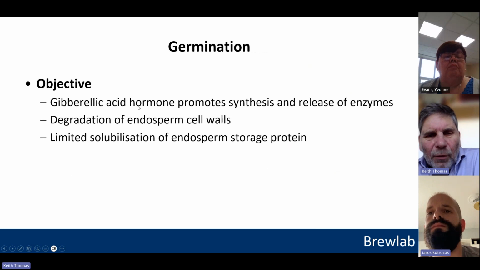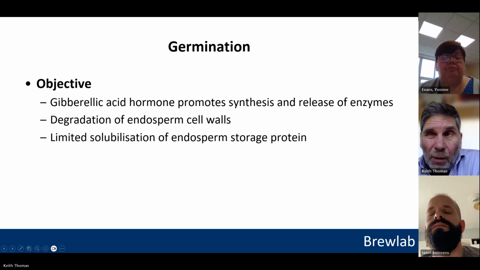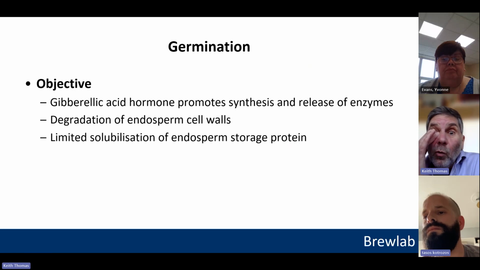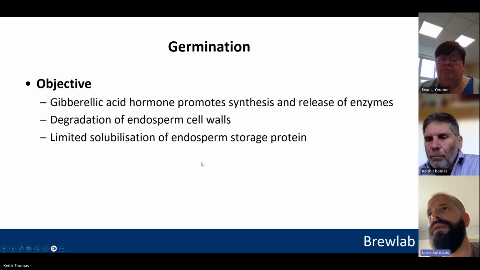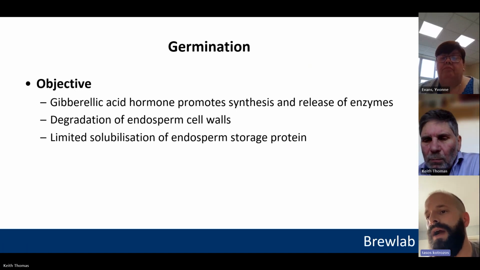Now, the beginning of germination requires gibberellic acid as a hormone, which initiates the synthesis of the enzymes. There are different enzymes, particularly the amylase, but it's the protease and the beta glucanase which digest the cell walls and the protein. I also read the xylanase, which degrades the arabinoxylans.